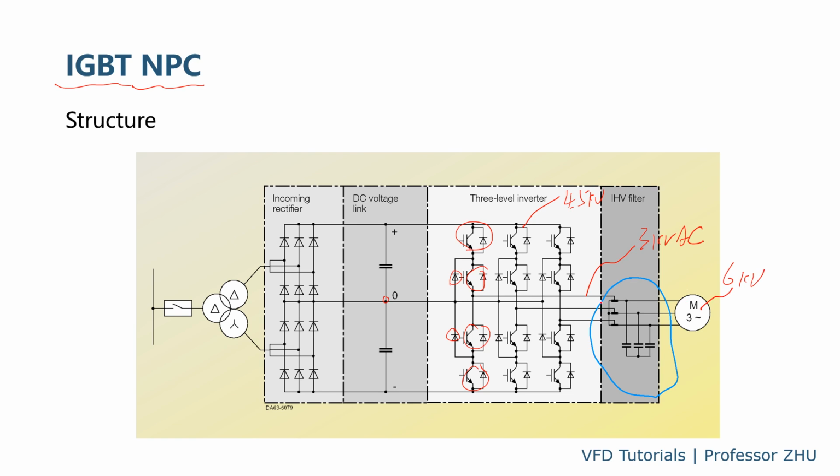So in the early days, some suppliers integrated an auto transformer, a step-up transformer here. This transformer works as a step up from 3 kV to 6 kV, and also works as a reactor for the filter. This was introduced by Siemens in the early days when they didn't have a drive with high voltage output.